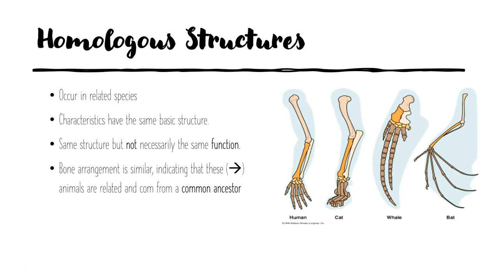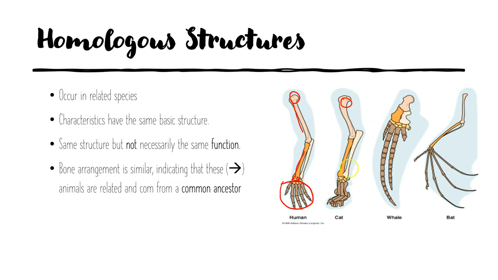So homologous structures occur in related species. They have the same basic structure, okay, but not necessarily the same function. And we can see that in the bone arrangement in these organisms a little bit closer up than what we had them on the first slide. We can see this forearm arrangement, the wrist and fingers, along with the upper arm into the shoulder.